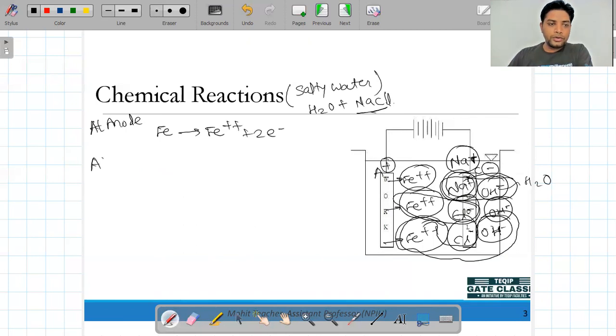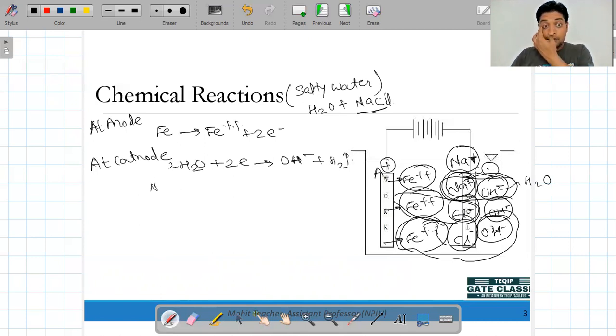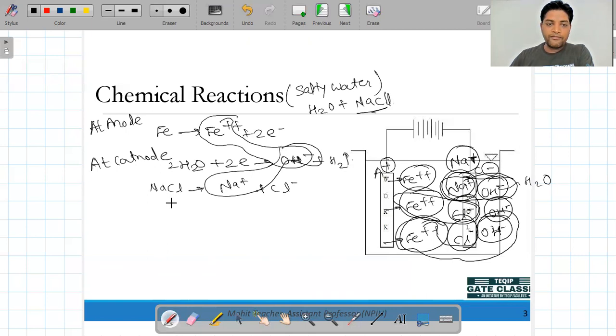At the cathode, actually it is not the cathode but the electrolyte, that will first release hydrogen, sorry, oxygen, that will react with electrons and release OH- ions and H2 gas, and NaCl is also there, so that will release Na+ ions and Cl- ions. There is a possibility that this sludge can be formed, NaOH can be formed, or Fe can react with Cl- ions. So Fe++ can react with the OH- ions and form Fe(OH)2.